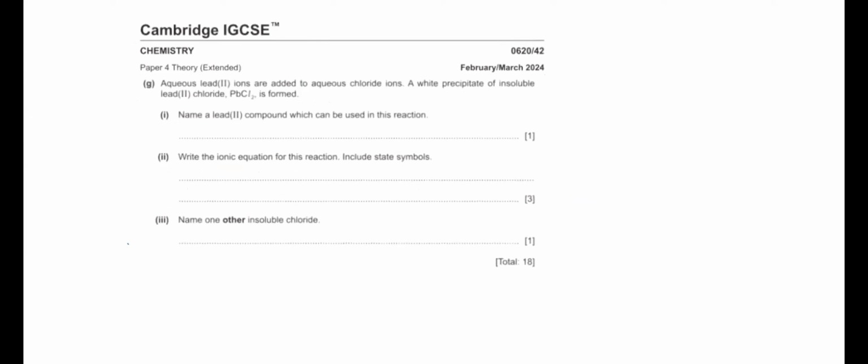This is part G of question number 2. Aqueous lead(II) ions are added to aqueous chloride. A white precipitate of insoluble lead(II) chloride is formed. Name a lead(II) compound which can be used in this reaction. Remember that we are to use a compound of lead that is water soluble.